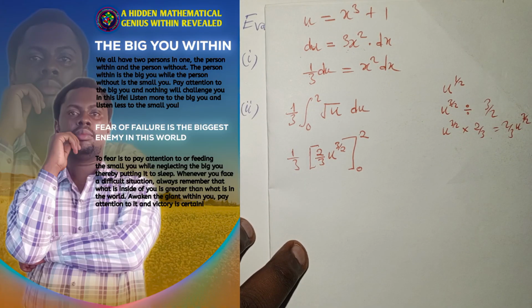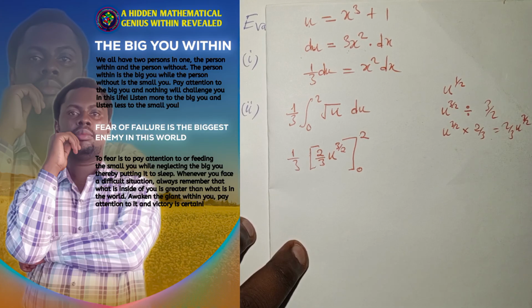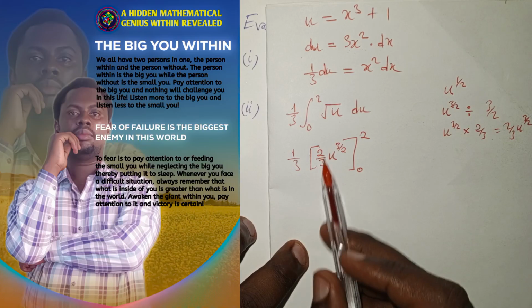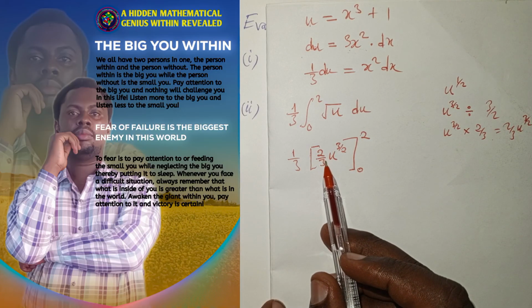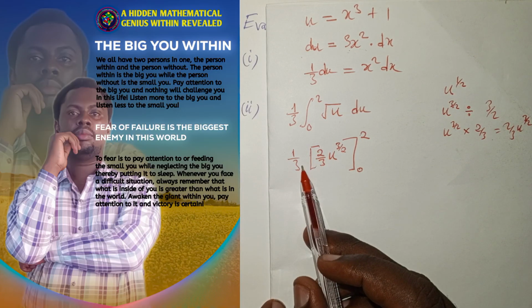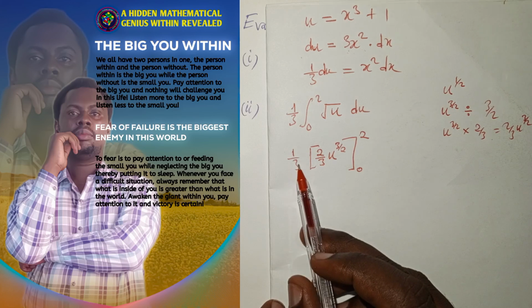Then we know that where there is u, u is x cubed plus 1, so we replace with x cubed plus 1. This number here we can bring outside, so it will multiply with 1 over 3.